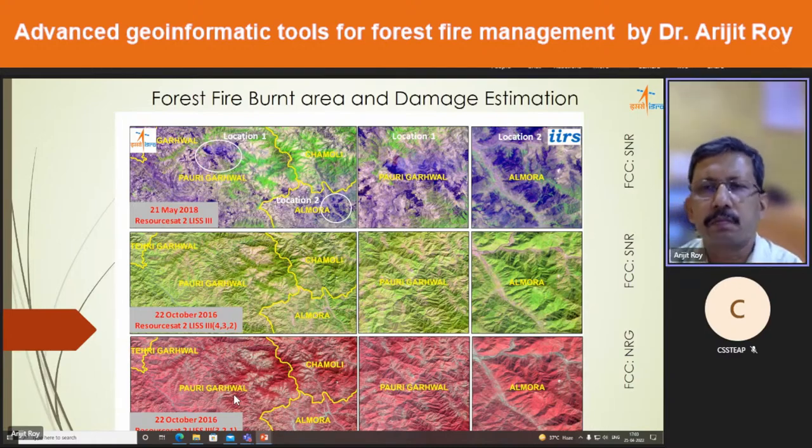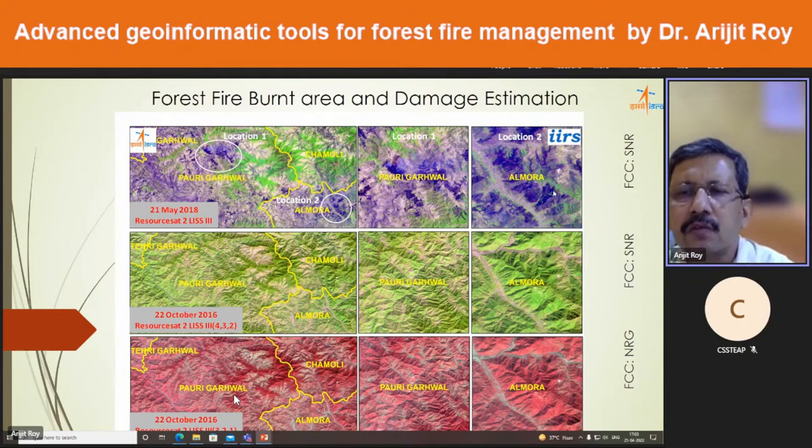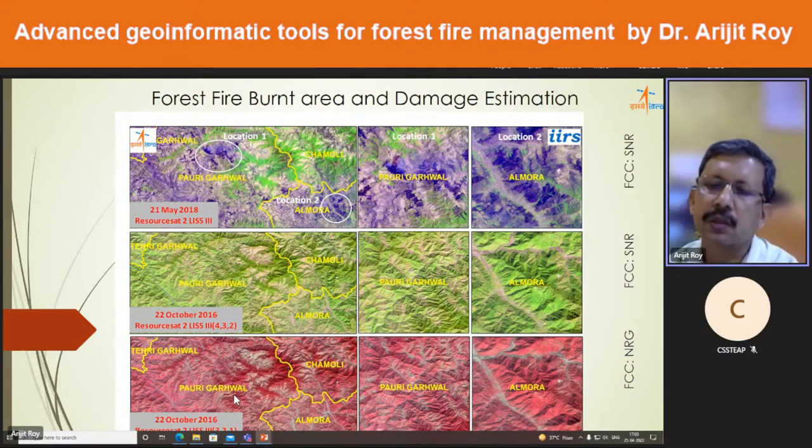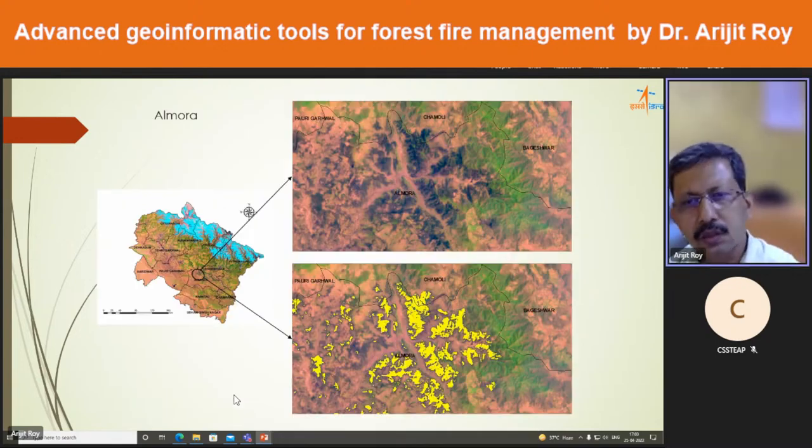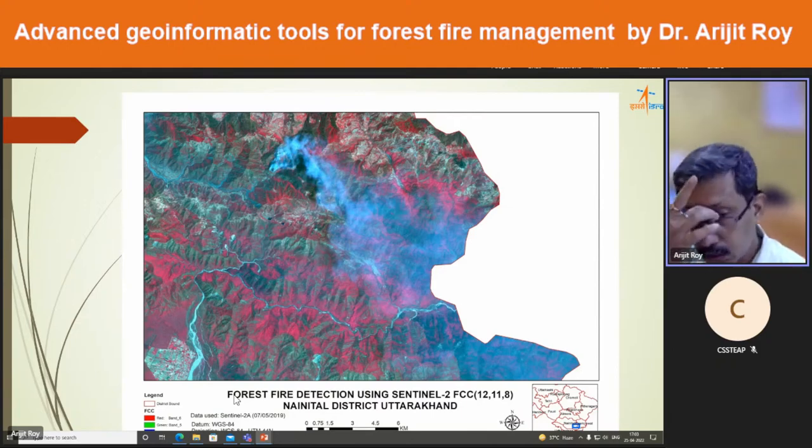So you can see the burnt areas are spectrally very, very distinct from the unburnt area, and this can be picked out very easily using digital image processing. And using this, we could estimate the fire affected area in the region. For monitoring this, extensive ground truthing was done.